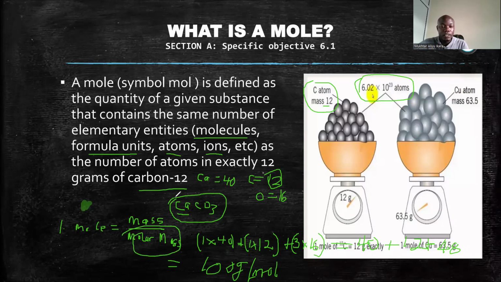So apart from the molar mass, usually in some cases, the mass of an element or the mass of a compound will be given. Let's say here, the weight of calcium carbonate on a weighing balance is 16 gram. So now we want to calculate the mole. Since we have 16 gram of calcium carbonate and already we calculated the molar mass, how do we get the mole?